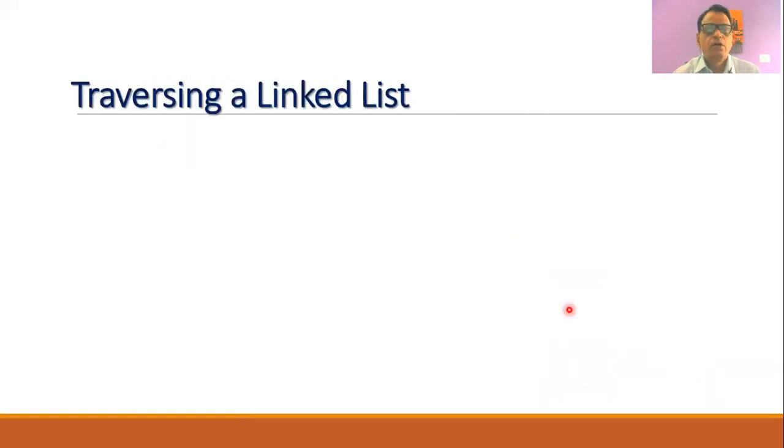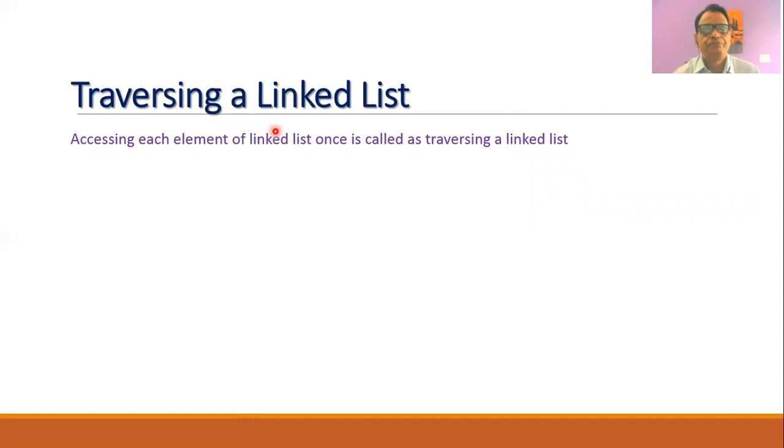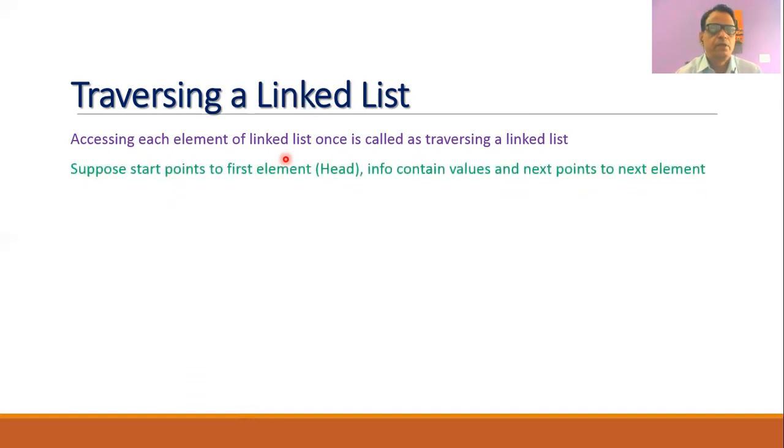Now let us go for the discussion of the first operation on the linked list, and that is called the traversing operation. Traversing a linked list means visiting each and every element of the linked list once.